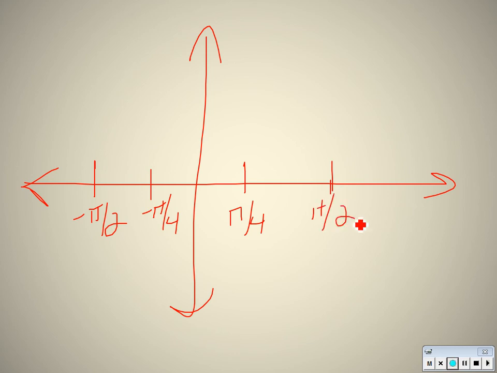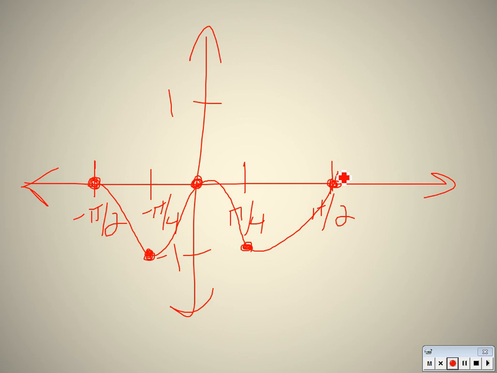And then here's my y-axis, 1, -1. So my first point here is negative pi over 2, 0, that goes here. Then I have negative pi over 4, -1, that's going to be here. Then I have 0, 0, and then pi over 4, -1 is here. And then finally pi over 2, 0 is going to be here. So here's my graph.